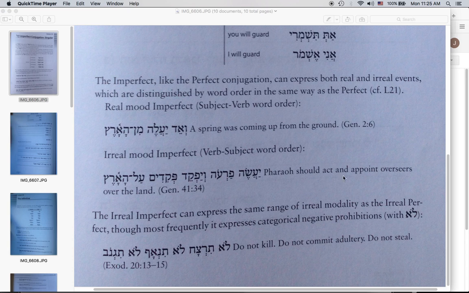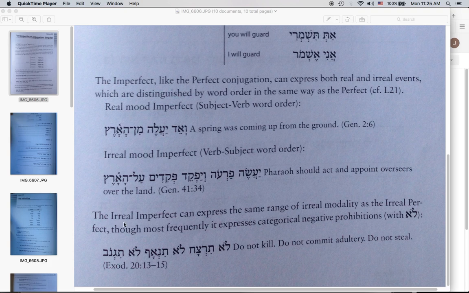Pharaoh should act and he should appoint overseers. So both of these are irreal verbs. Both of them are imperfect, and both of them should be translated with should or might or could or possibly will sometime in the future. So both of them should probably be translated in the future tense as well.